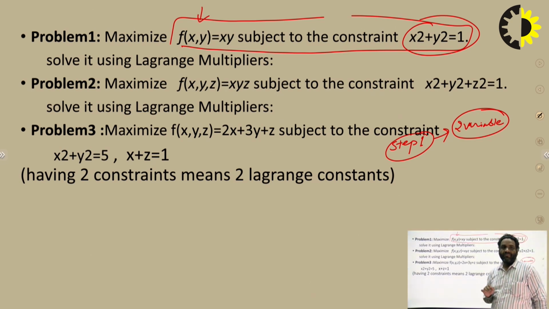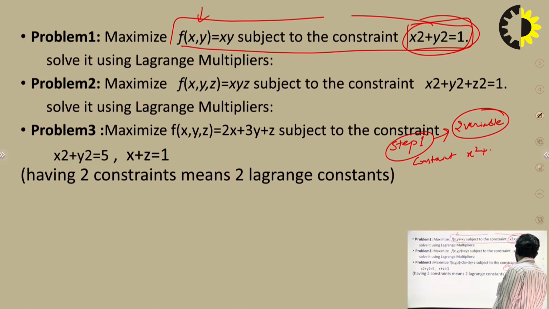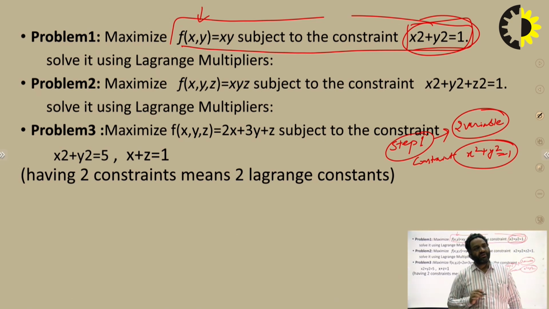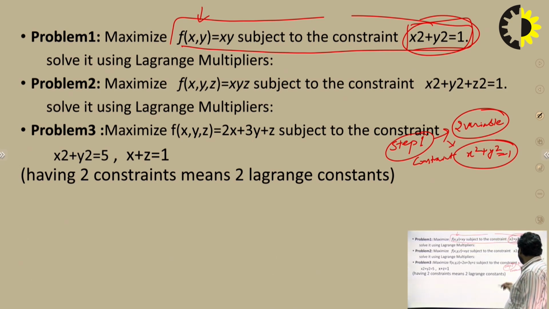So in problem 1 we have one constraint, that is x squared plus y squared equals 1. One constraint. So the number of constraints equals the number of multiplier constants. So in this particular problem we have one constraint, so we need to find one Lagrangian multiplier.